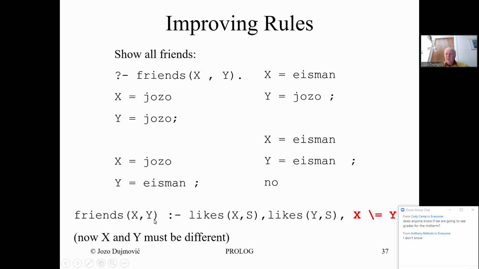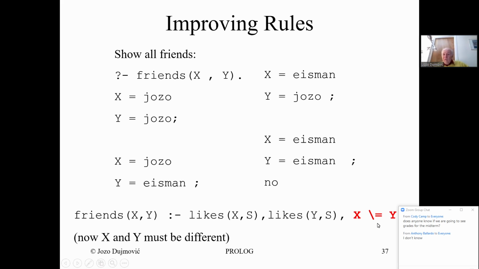Friends are X and Y if X likes something and Y likes the same thing, and third goal, X must be different from Y. Different is written not equal, this backslash equal here. So X and Y must be different.